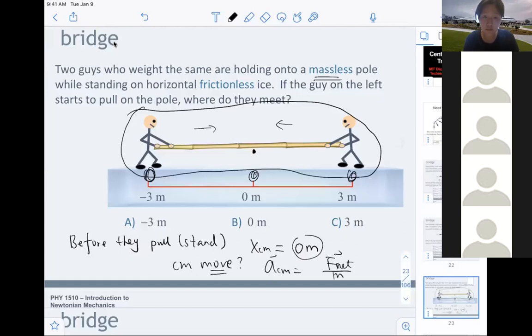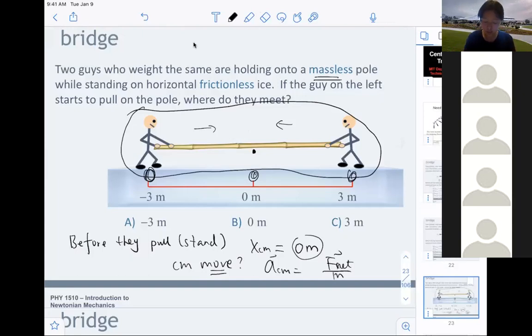To figure out whether center of the mass moves or not, we need to look at Newton's second law. So Jacob said, no. And that's correct, because is there any external force acting on the two people? Well, they're pulling toward each other, but that's an internal force. If you look at any outside forces, gravity and normal force balance out, and they're on ice, which means there's no friction.